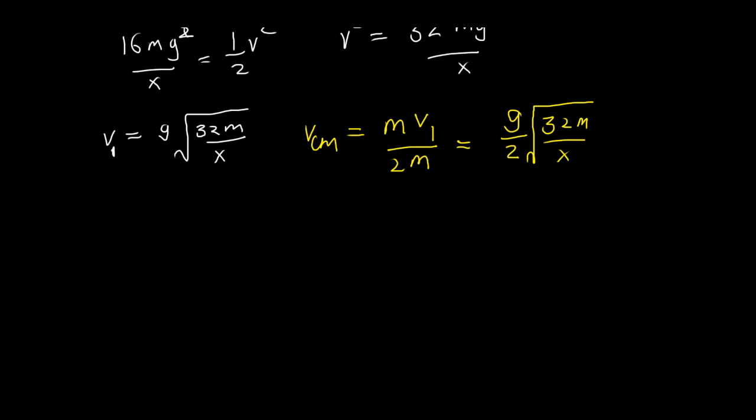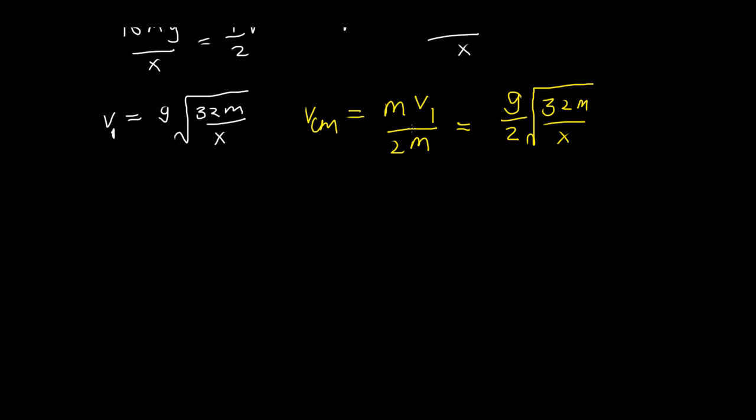Now we can use the kinematics equation that we used to learn in our earlier days. We know that v squared is equal to u squared plus 2as.